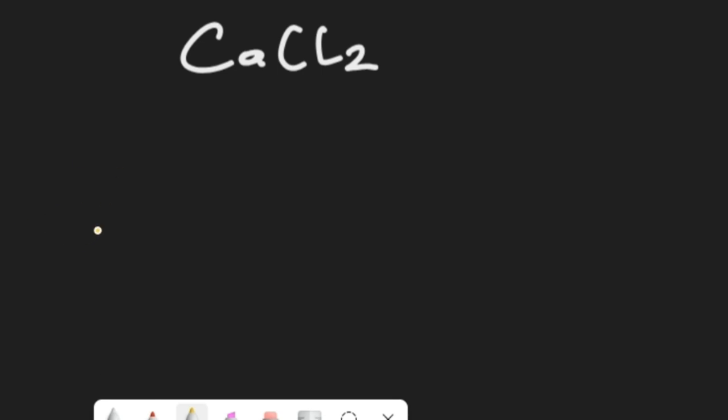Now here is calcium. How many electrons does a calcium atom have? Calcium has a total of 20 electrons. So here is an atom of calcium, the nucleus, shell number 1 has 2, shell number 2 has 8.